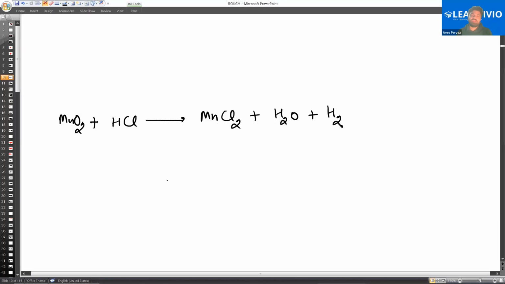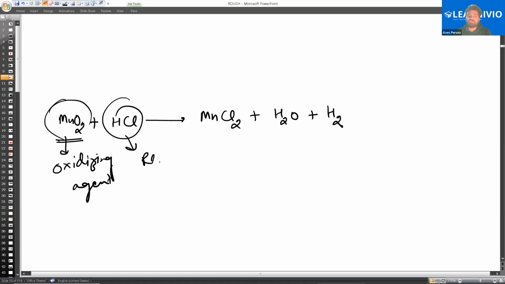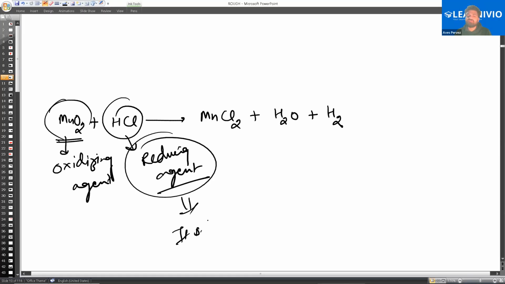Any compound which has oxygen is considered an oxidizing agent, and an oxidizing agent is itself reduced. Otherwise, if it has hydrogen, it is a reducing agent. A reducing agent itself gets oxidized.